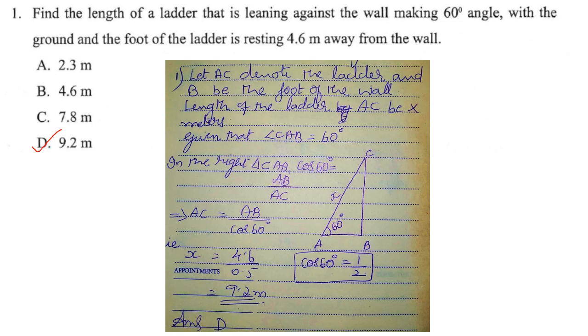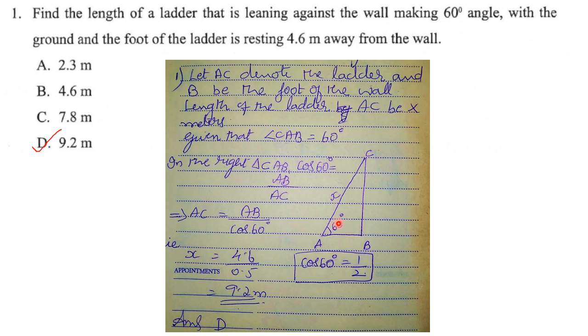Here, let x be the ladder, AC be the ladder, so x will be the length of the ladder. It is making an angle of 60 degrees with the wall BC. B is the foot of the wall, and the given angle CAB is 60 degrees.